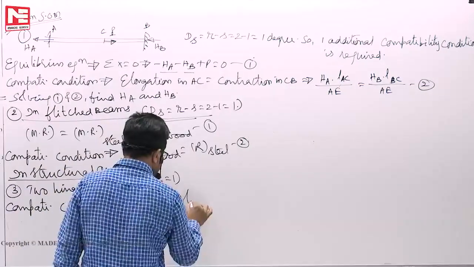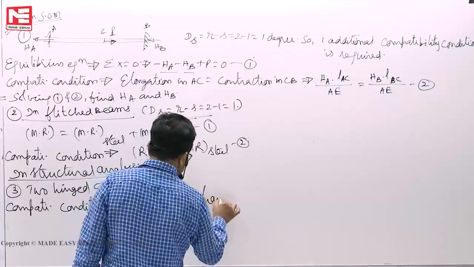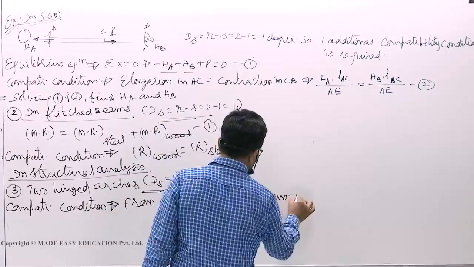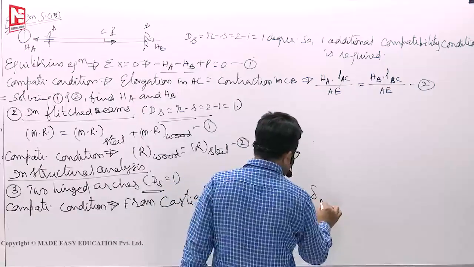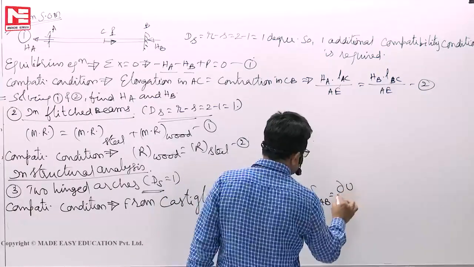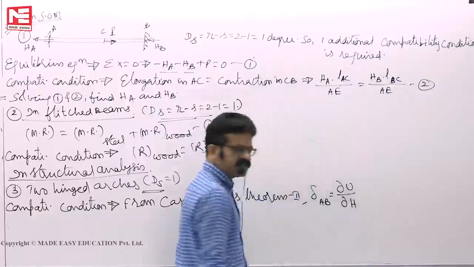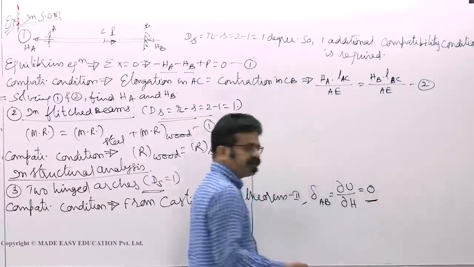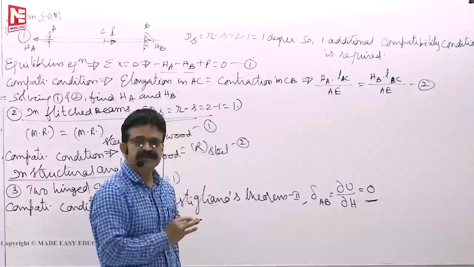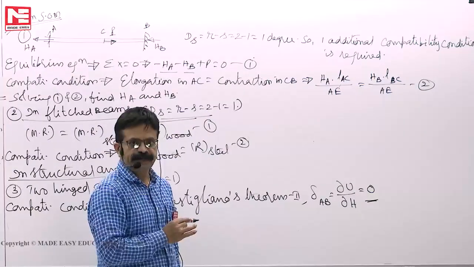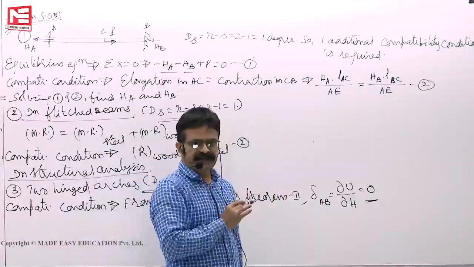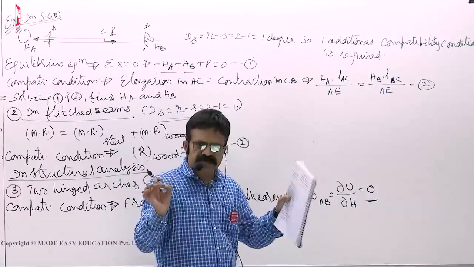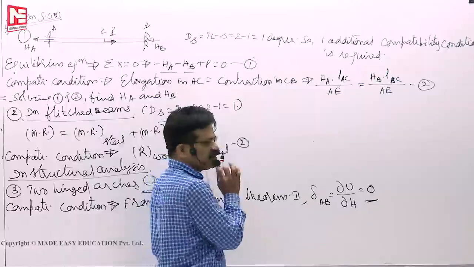From Castigliano's theorem 2, you have calculated the relative displacement of AB equal to dou U by dou horizontal thrust equal to 0, you have taken. If it is 0, it becomes the principle of minimum strain energy or principle of least work. If the relative displacement of the two arch supports is not 0, it is simply Castigliano's theorem 2.